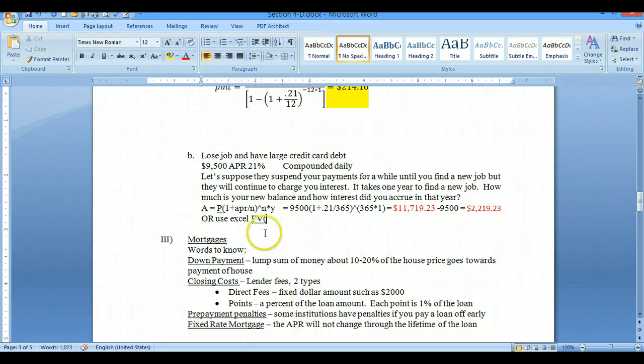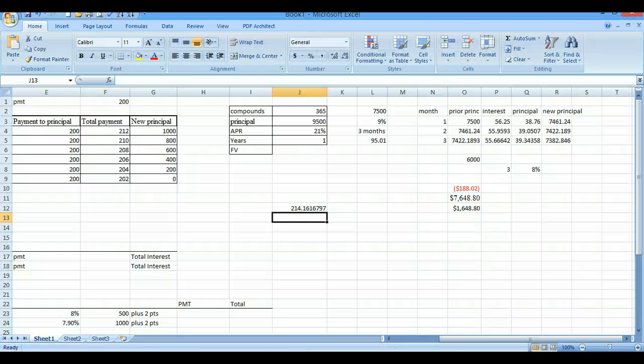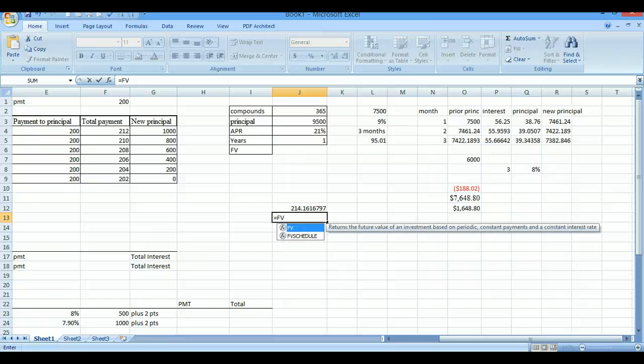Let's go ahead and see what would happen. I'm going to use the same information, 9,500, 21% compounded daily, and use our future value function in Excel just to show you another trick. So I'm going to come in here. I can use the formula, or I can do future value. Parenthesis, it's asking for the rate.